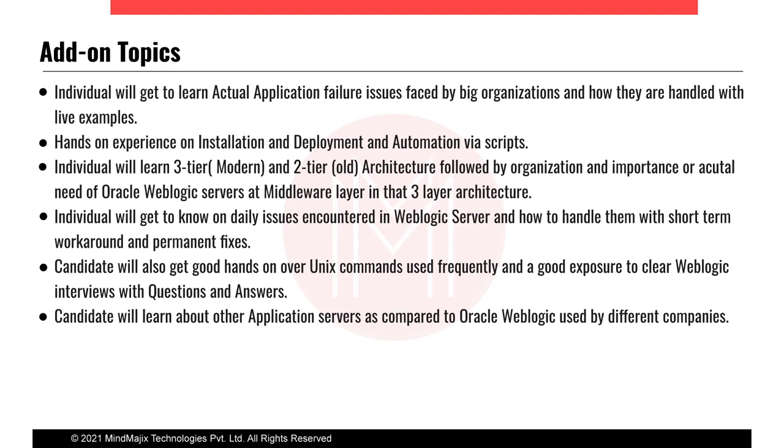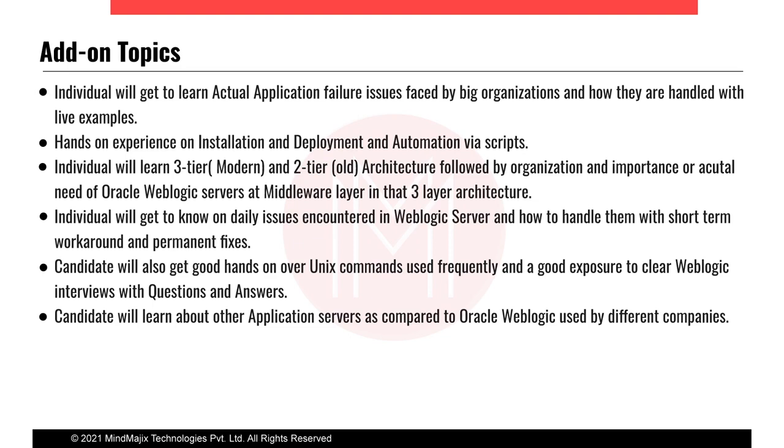Then I will share the basic architecture. Earlier there used to be a two-tier architecture. Now we have the three-tier, which I just mentioned some time before: the web layer, the app layer, and the database layer. I will explain the app layer, the middle layer, where the whole middleware lies and all the application servers lie.